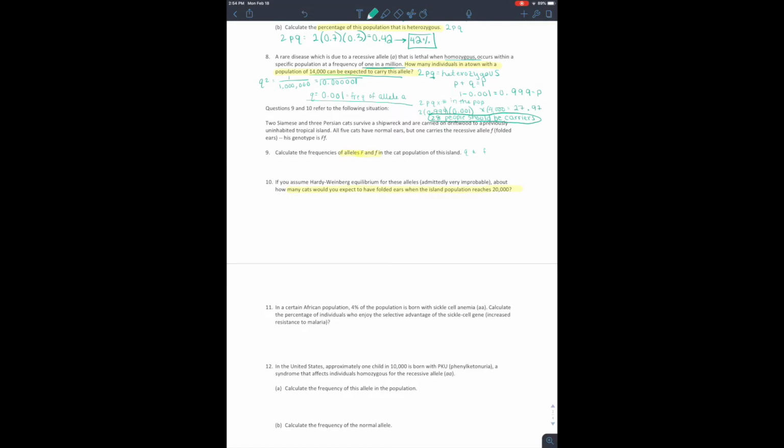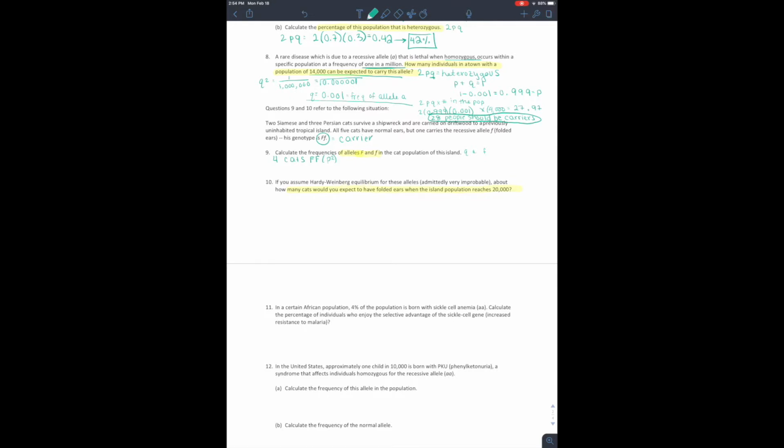Now we are told that the genotype to be a carrier is big F, little f. So the 4 other cats are not carriers, so their genotype for that trait is big F, big F. So 4 cats are big F, or they are that P squared number. There are 10 total alleles within this population.